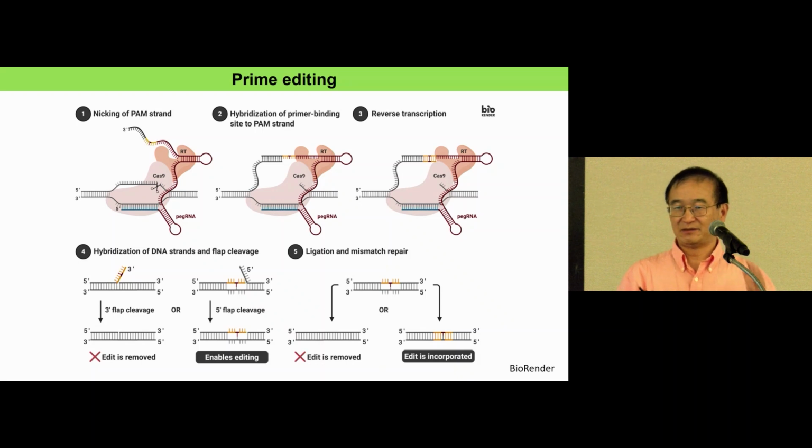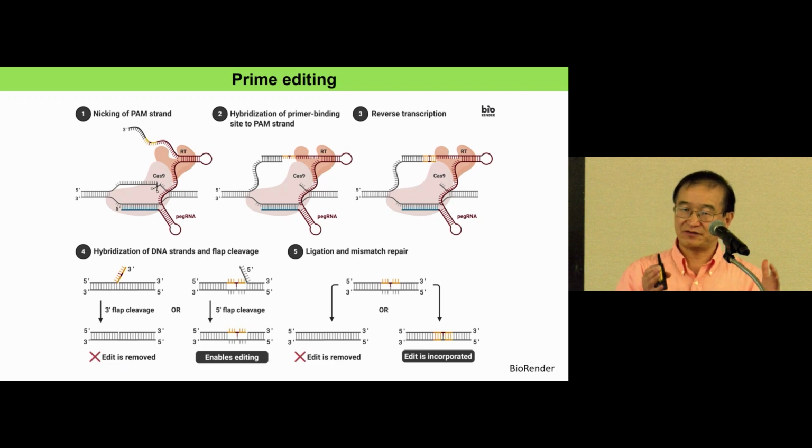And specifically for prime editing, there are two major components. One is the effector protein, which is the nickase Cas9 plus the reverse transcriptase. The most popular one is the MLV virus because that's the most potent reverse transcriptase. And the second part is the guide RNA, called the prime editing guide RNA.